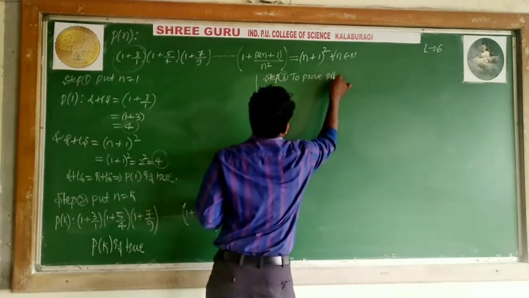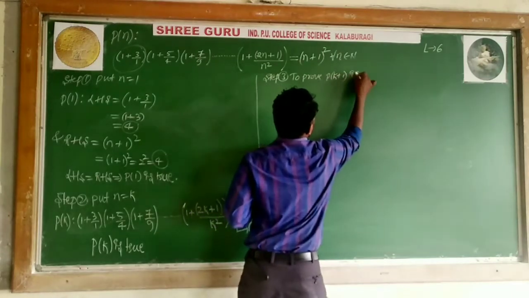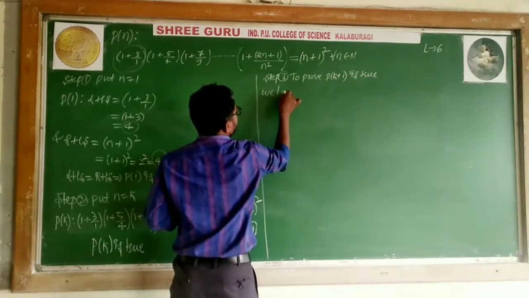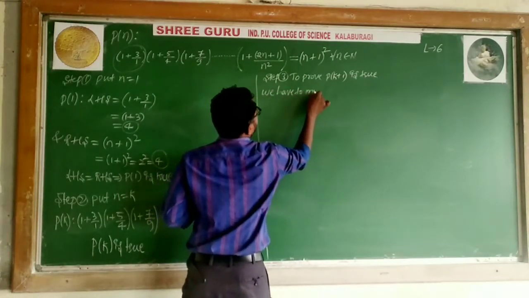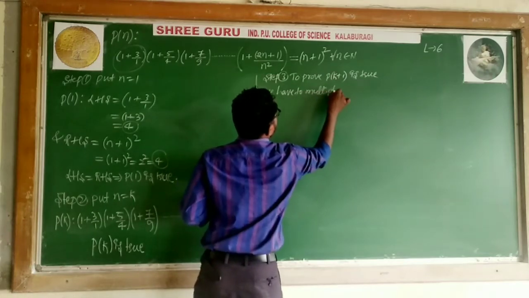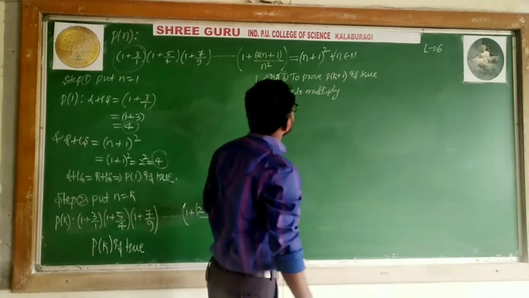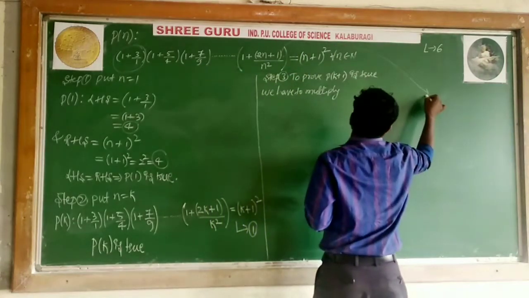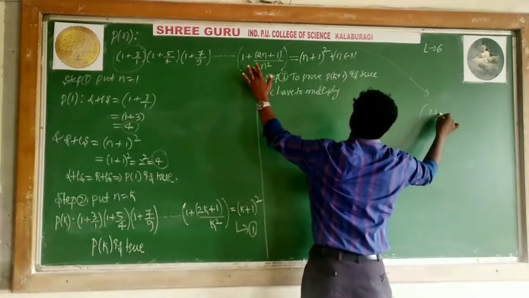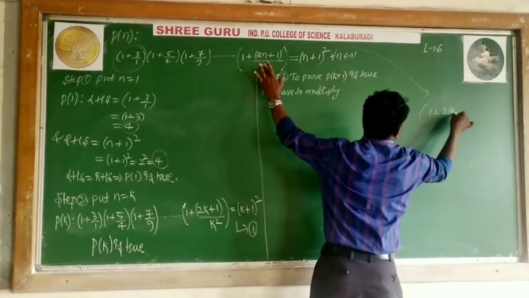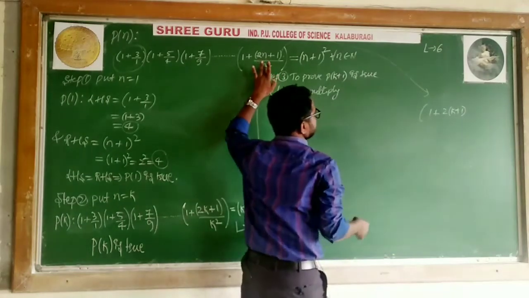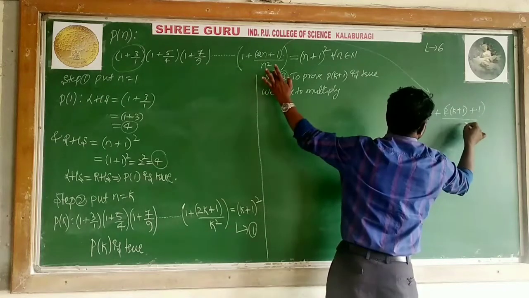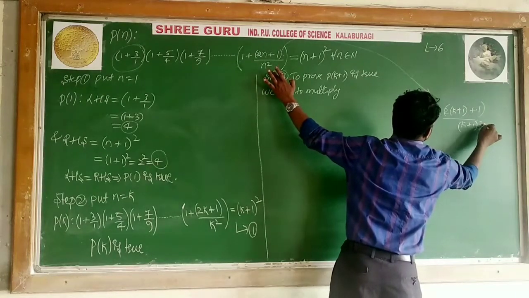To prove P of k plus 1 is true, we have to multiply which term? We have to multiply this one. This nth term we can take roughly. You can write here roughly what it is. 1 plus 2n plus 1, with n replaced by k plus 1, divided by k plus 1 whole square.